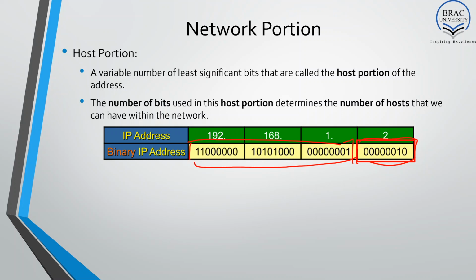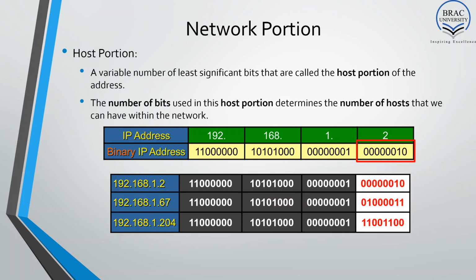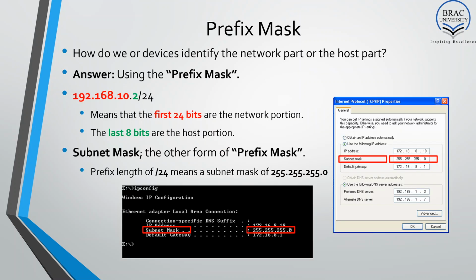If the first 16 bits are network, the other 16 bits are host. If 8 was the network bits, the rest 24 is the host part. The addition of the network portion and host portion results in 32 bits. As you can see here, I have identified those: the network portion is here, and the host portion is here as well.